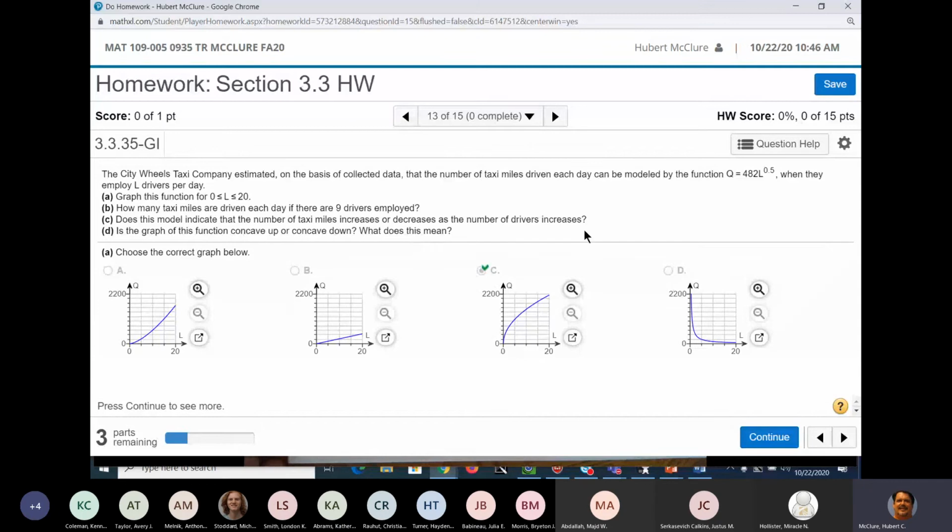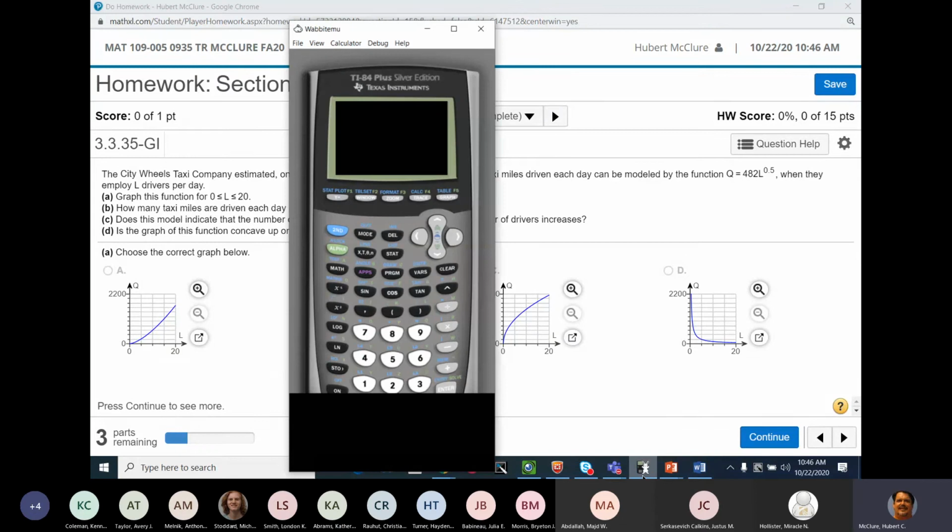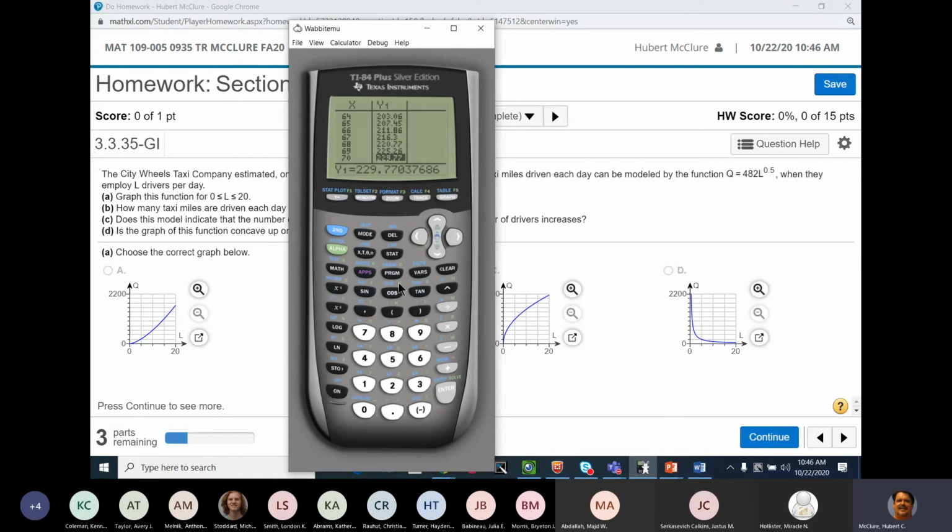Well, now we need to put it in the calculator. I told you that a lot of 3.3 is on the calculator, a lot. So I'm going to hit second quit, Y equals, and put in 0.482, or is that 482? That's 482, so let me get rid of the decimal. 482, and then x to the 0.5 power.